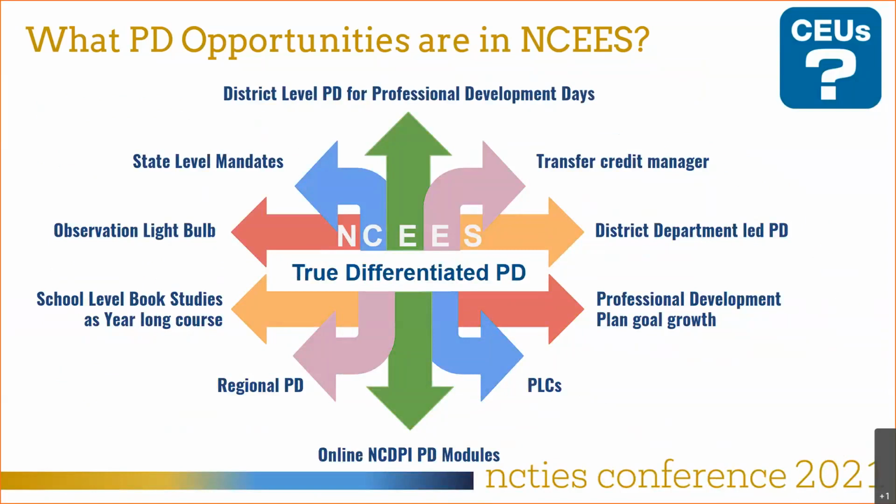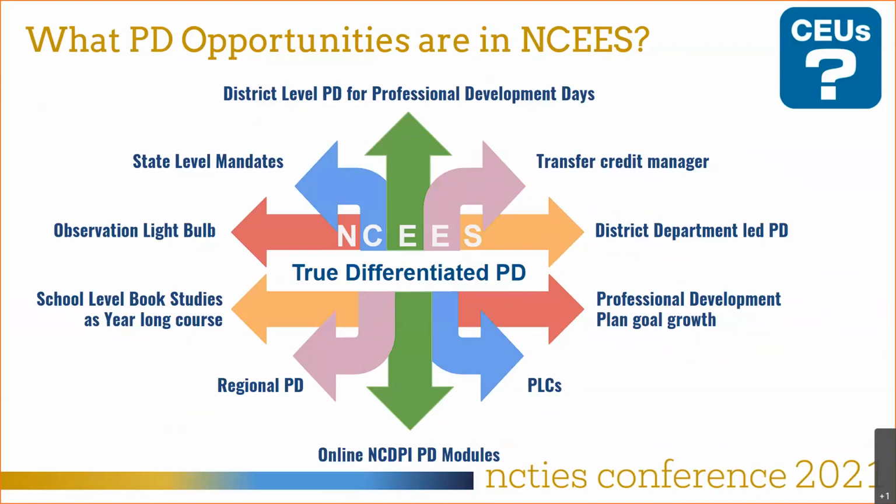Some of those may be some state level mandates that you need to learn about. That's going to earn you a credit if you attend a session about state level mandates. School level book studies is a year-long course. Regional PD that your district may be offering. PLCs that might be earning credit for you. Also in NCEES, there's the Transfer Credit Manager.